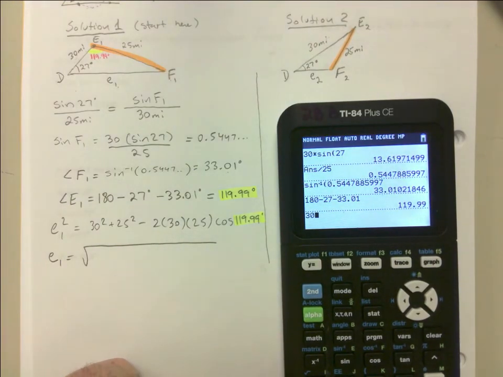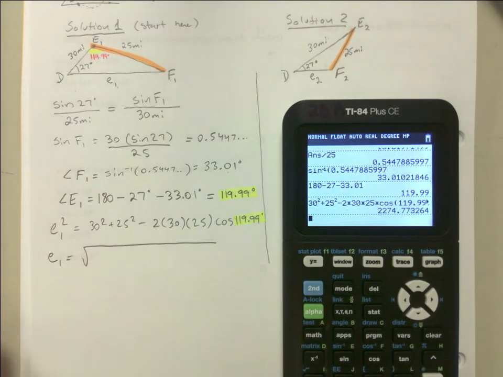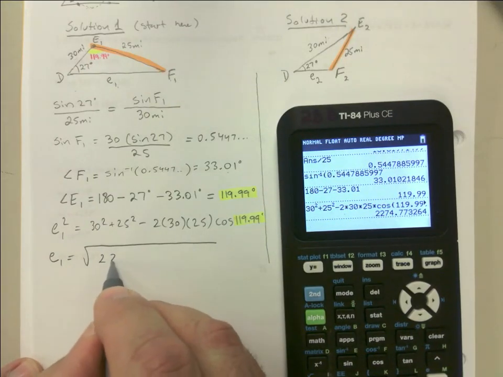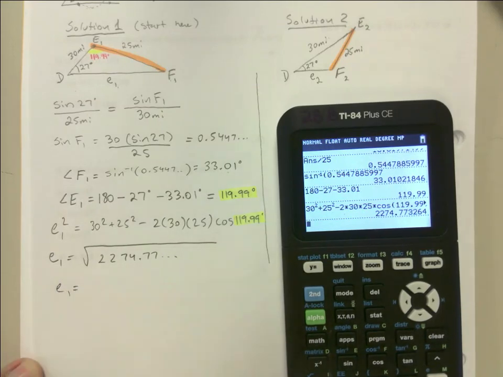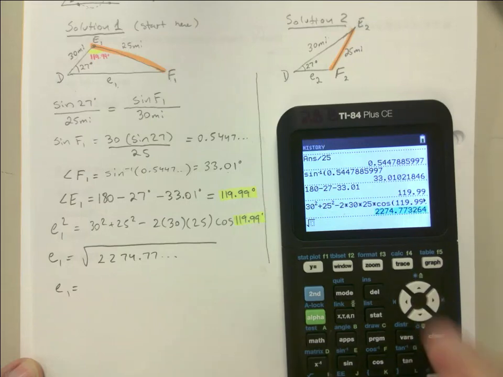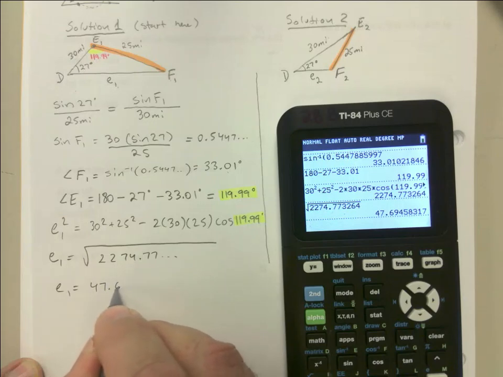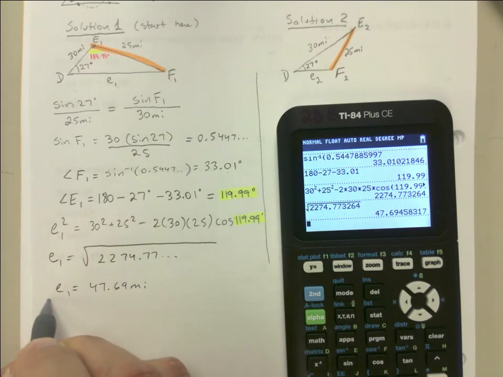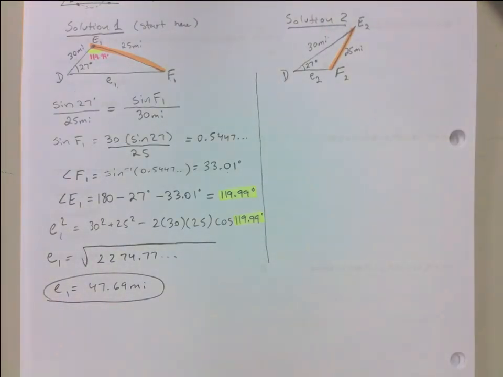So I'll just show you 30 squared. You get that? 2274.77 something. E1, if you take the root, is 47.69. That is one possible solution for E. Okay? One possible solution for E.